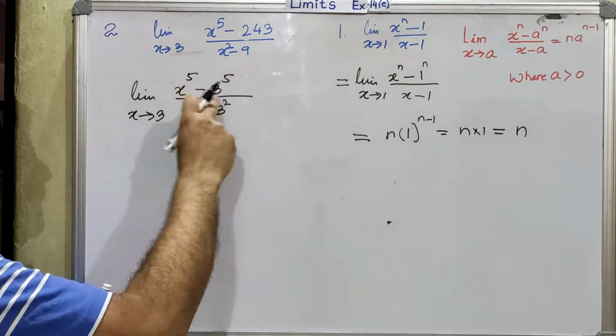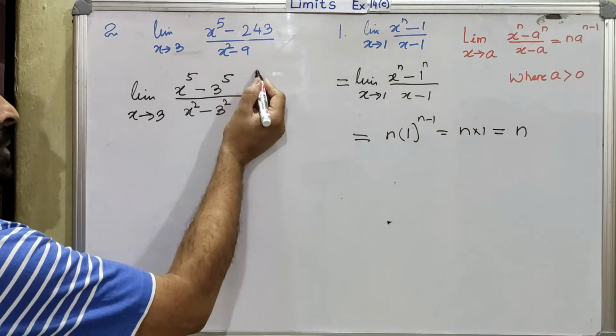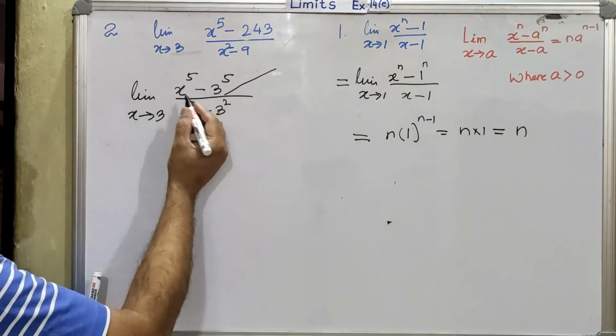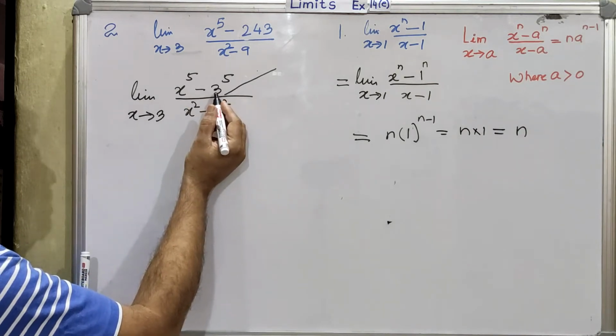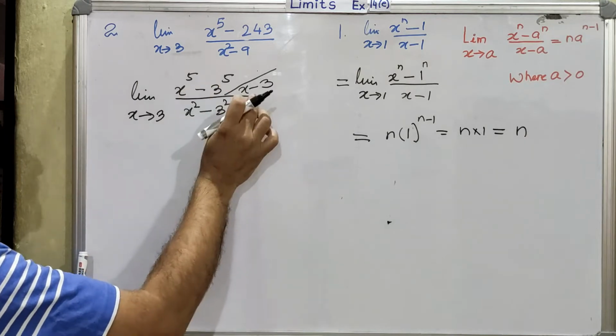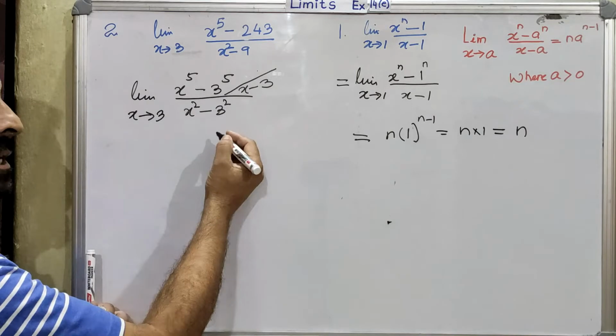Clear? Now if I take help of this format, then I need to have the base in the linear form. To complete the question, we should have this x minus 3. That means we have introduced x minus 3 in the numerator. The same we have to introduce in the denominator.